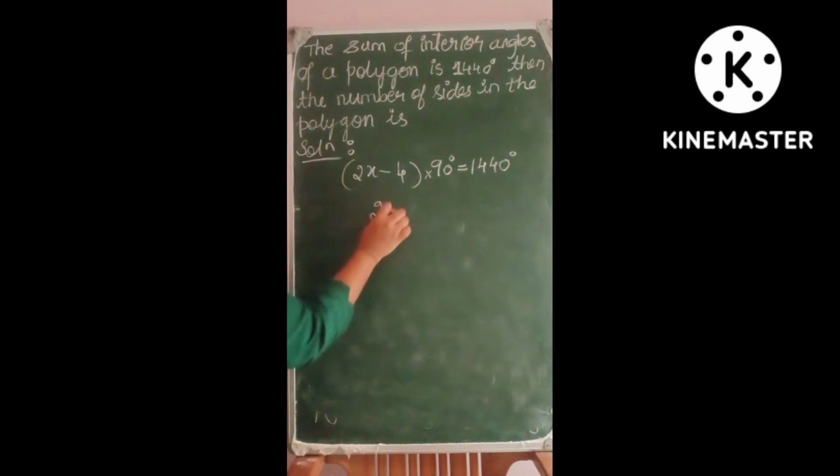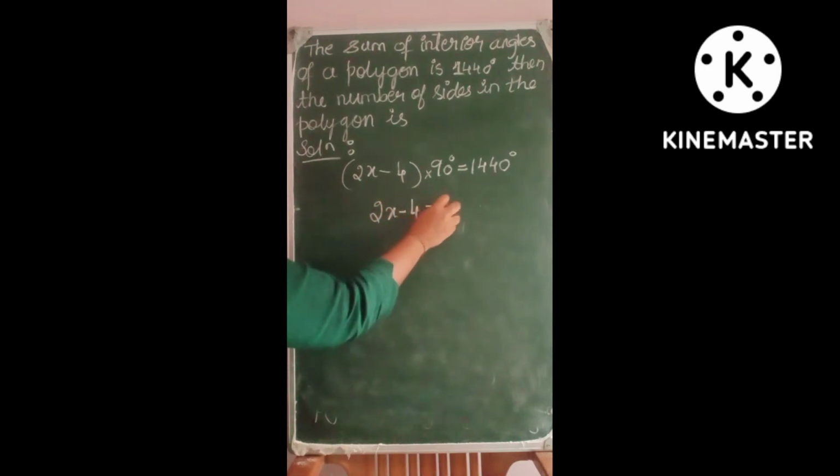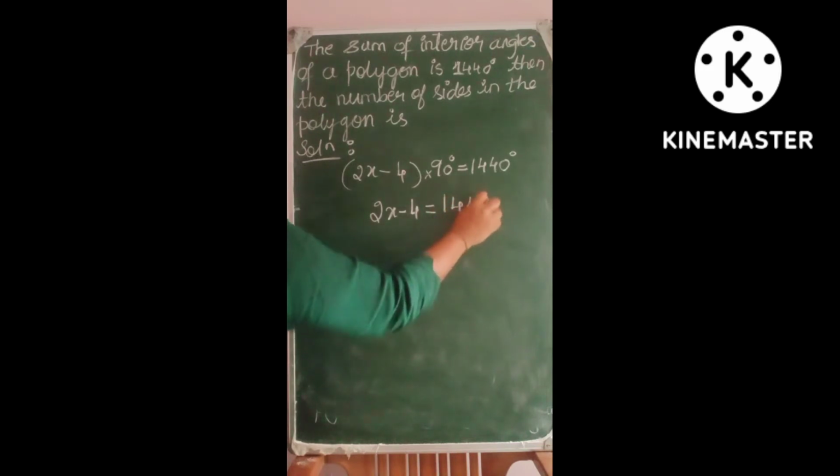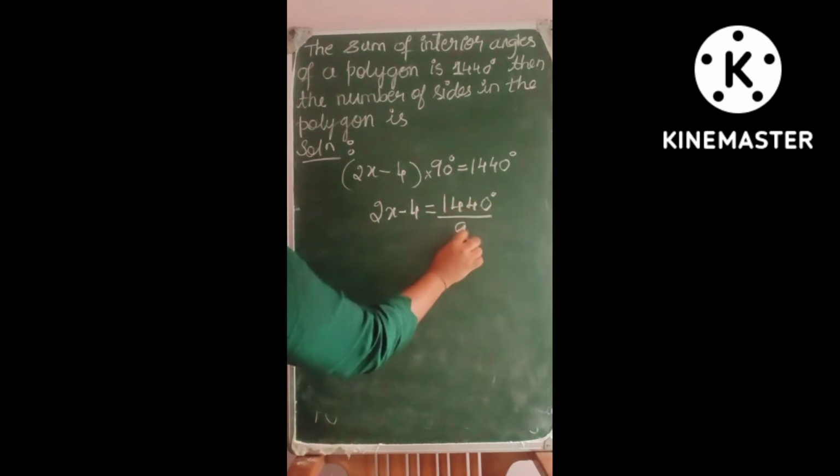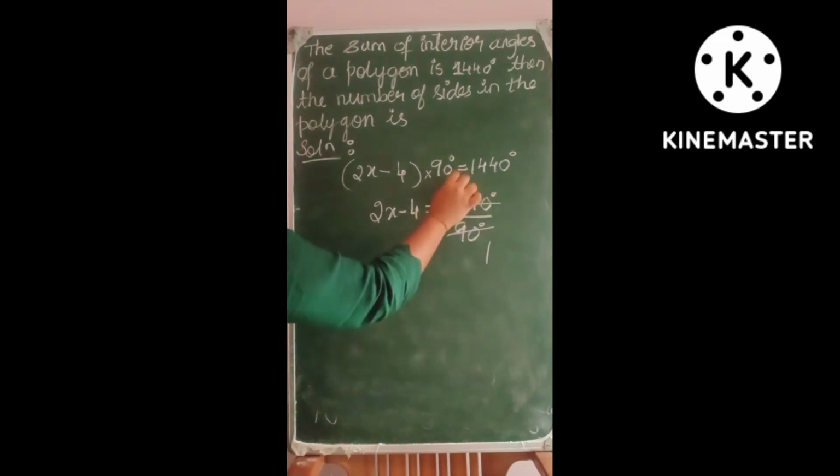We can write this as 2x minus 4 is equal to 1440 degrees divided by 90 degrees. Okay, so it is 16, 9 16s are 144.